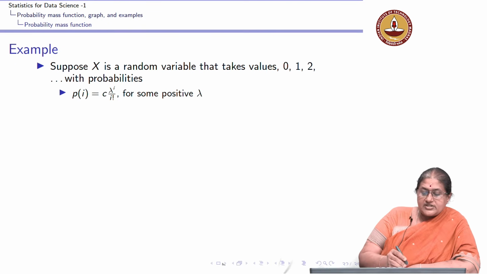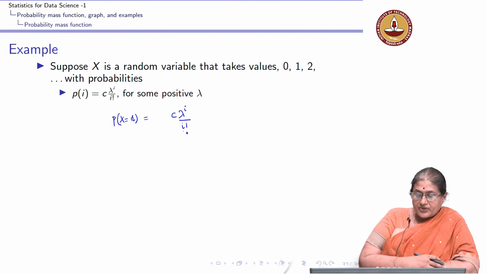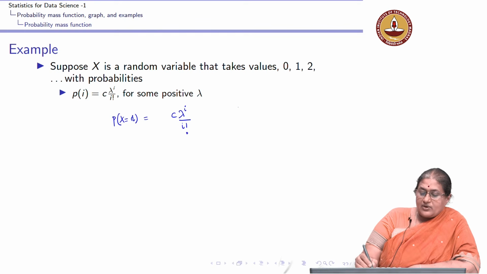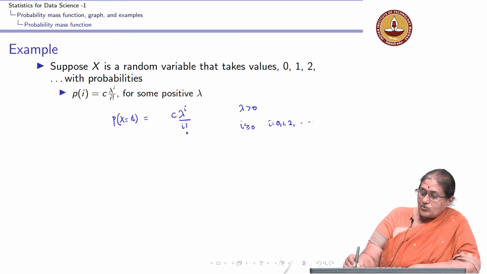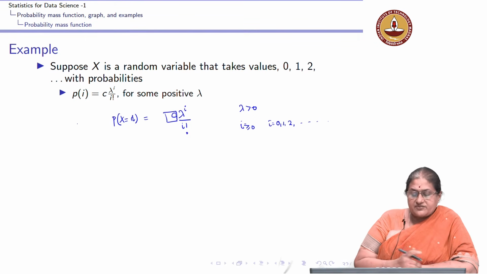Now, the probability of X equal to i is given by C lambda to the power of i by i factorial. Lambda is positive, and i is greater or equal to 0 because i takes the values 0, 1, 2, all of it. I want to know for what value of C this will be a probability mass function.